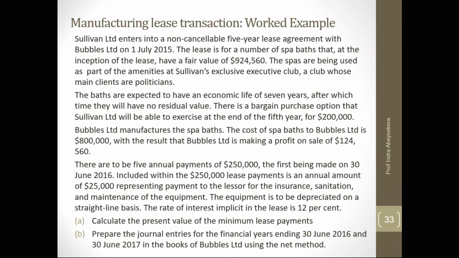When there's a manufacturing lease, unlike the direct lease, there's a profit that the manufacturer makes, that is the lessor. So in addition to leasing the asset, there is a gain on the transactions. There's a cost and a sale value, which is the lease value, and there's a gain on the leasing transaction before it is given to the lessee.